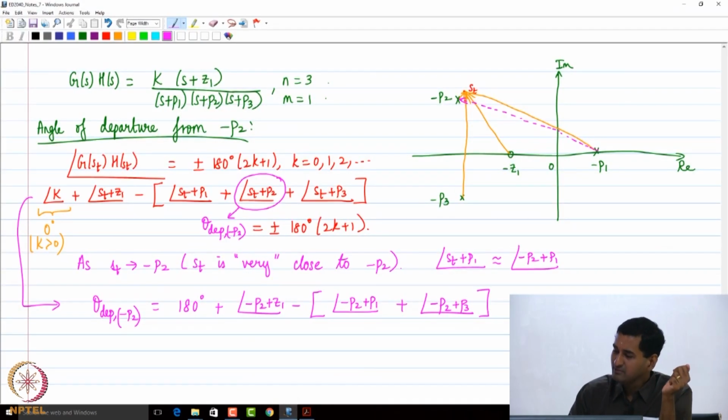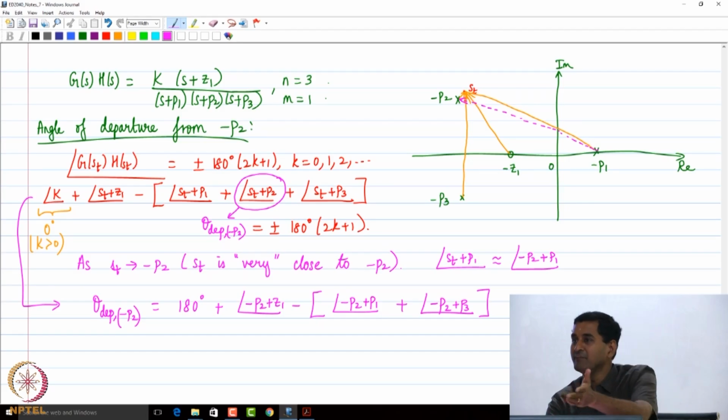Now, what do you think will be the angle of departure from minus P3? It will just be the negative of this angle, or you subtract it from 360 degrees. Why? Because the two should add to 360, because these are two complex conjugate poles, and any root locus should be a mirror image about the real axis.